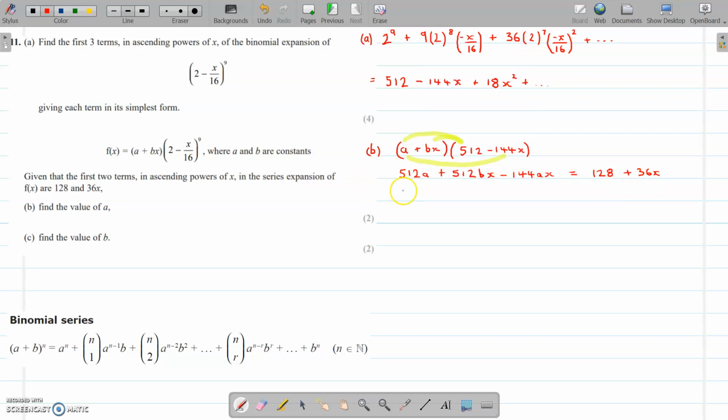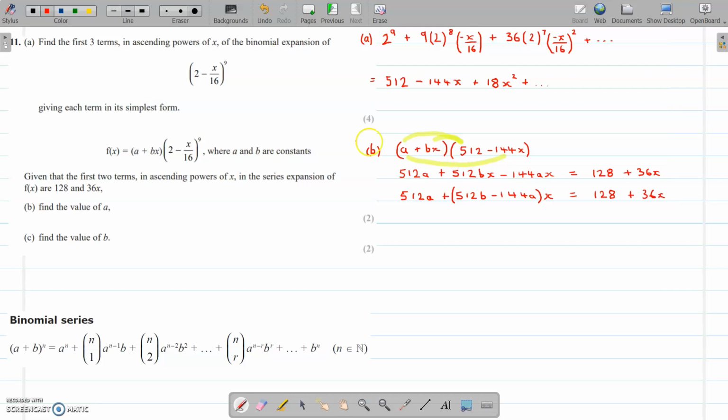So from this I can say that 512a is the only part that gives me a number with no x term, and the x term comes from 512b minus 144a. If I put those together in a bracket and times them by x, that's what these last two terms are telling us. And that equals 128 plus 36x.